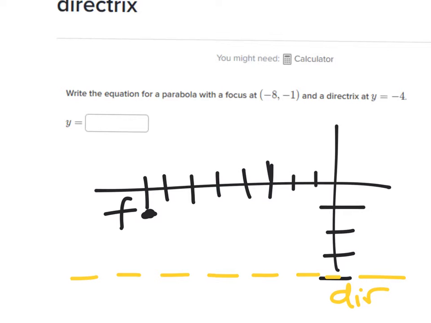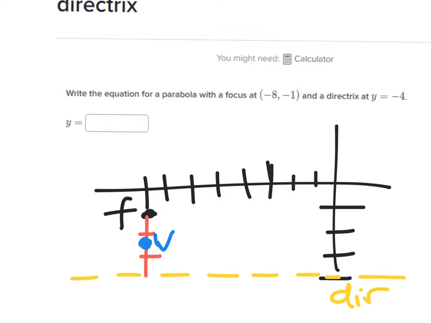Based on that information, we know a couple of things. One is that the vertex is directly in between these, and you're counting the spaces, and there's 3 units in between them. So I'll draw this. There's 3 in between them, so we know that our vertex is right here.